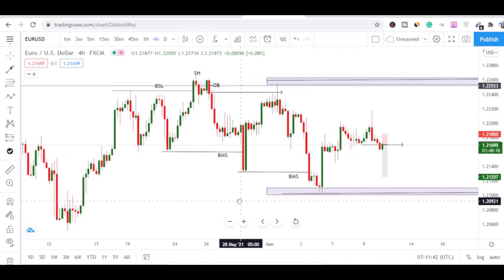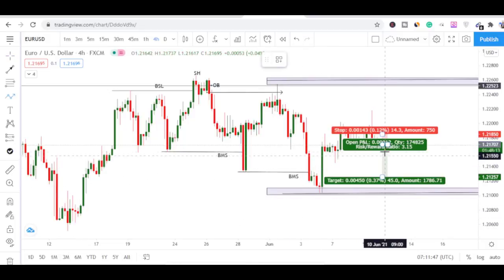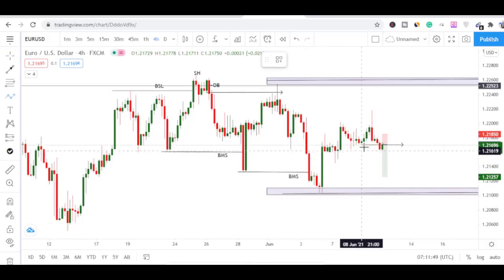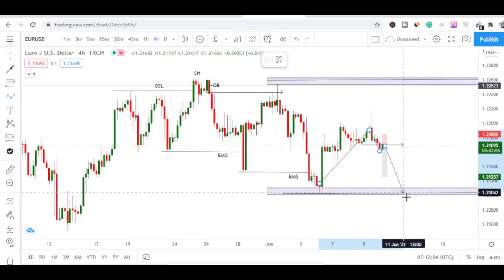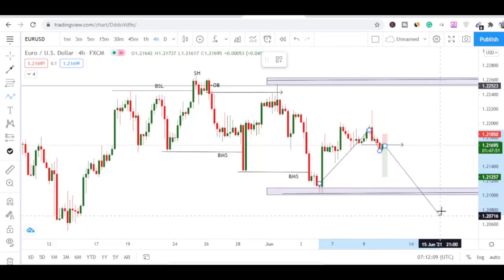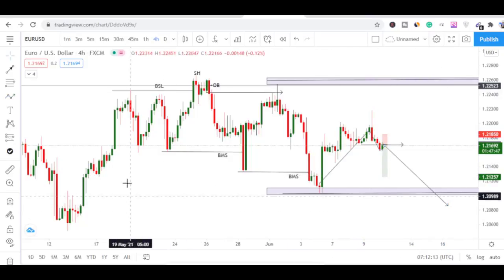So on the 4 hour time frame, this is what we've got. I expect that price should be able to come here and take out this low, right, to at least this level. Yeah, there's a possibility, right?